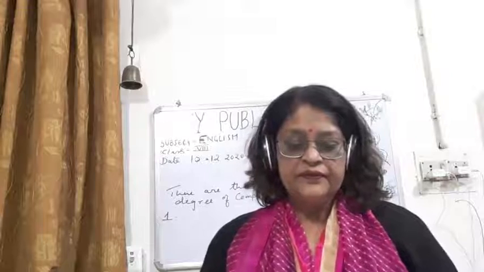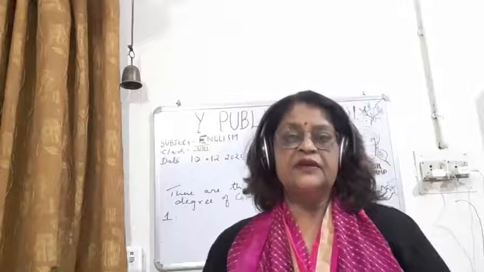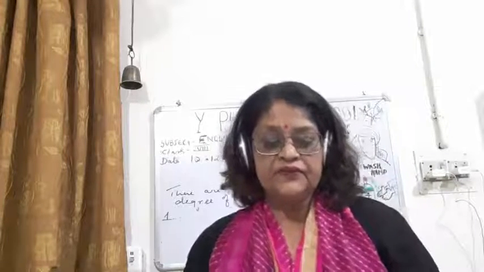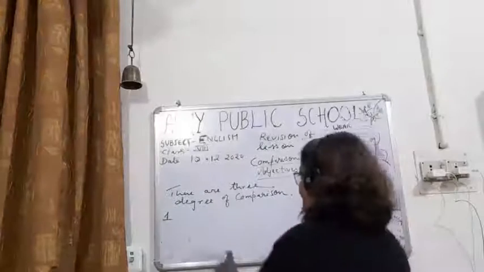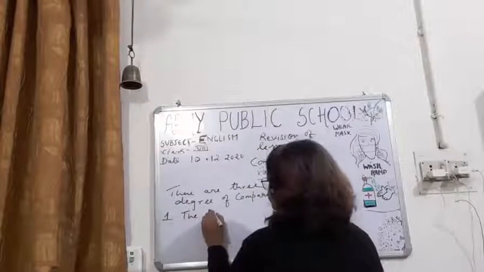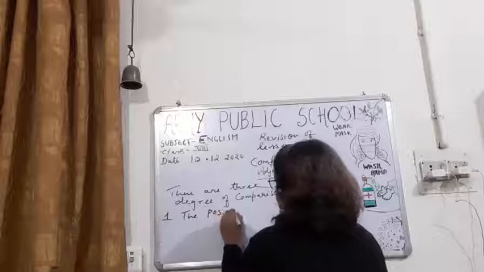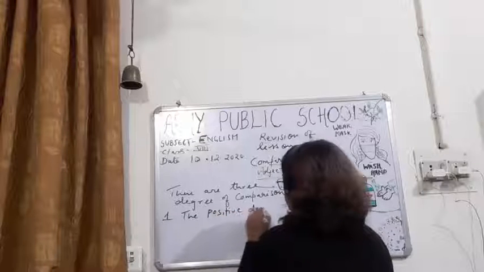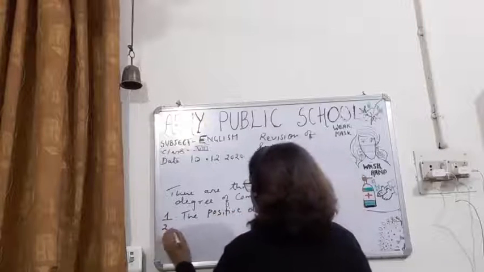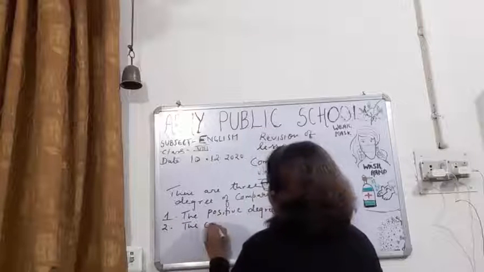So children, the first degree among the 3 degrees is the positive degree. The second is the comparative degree.